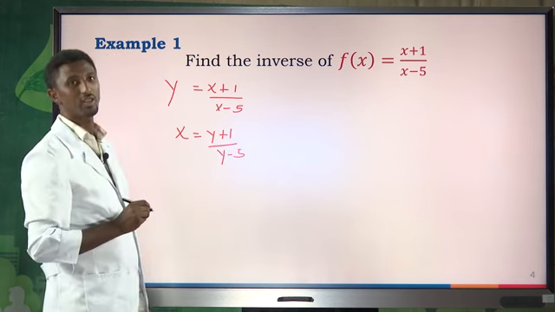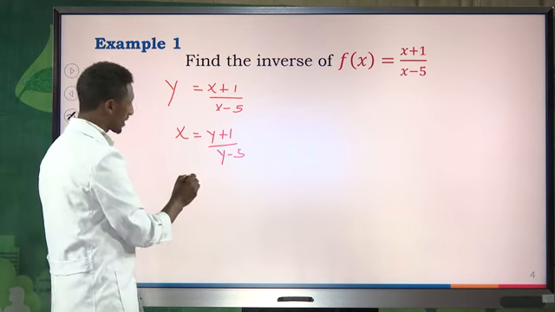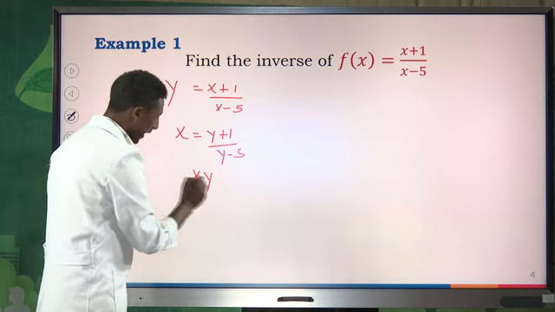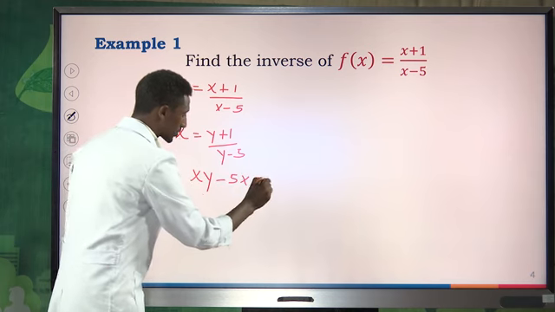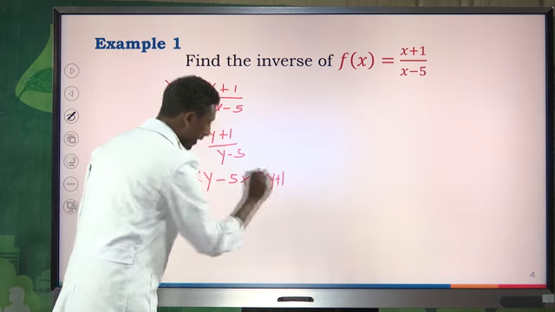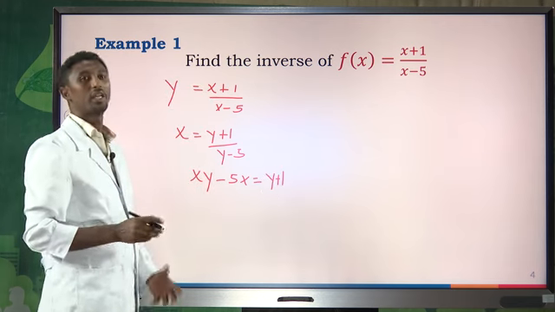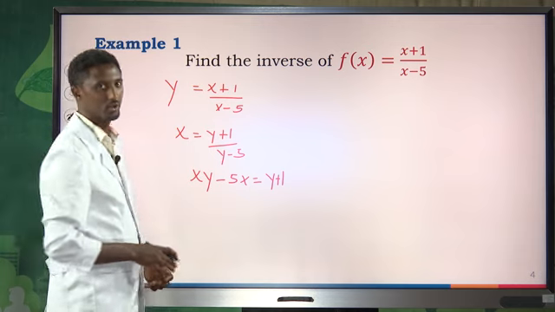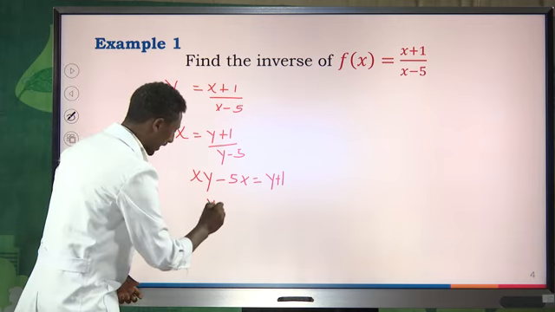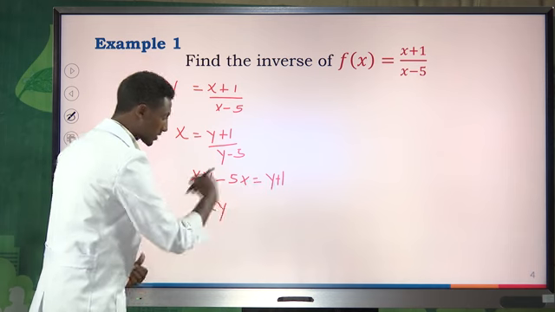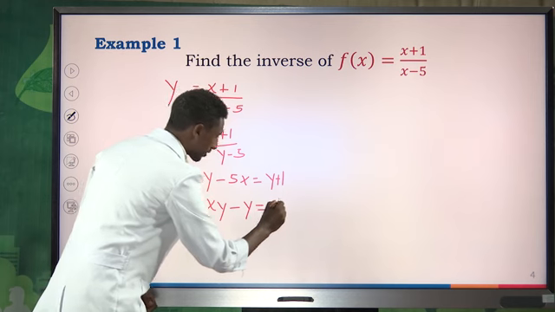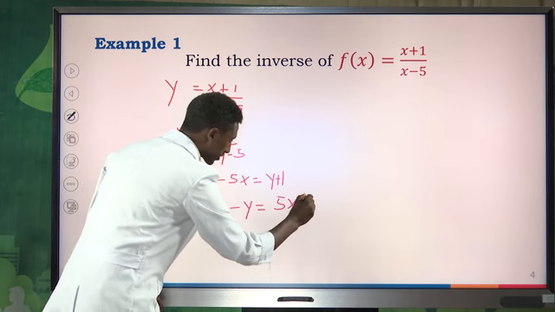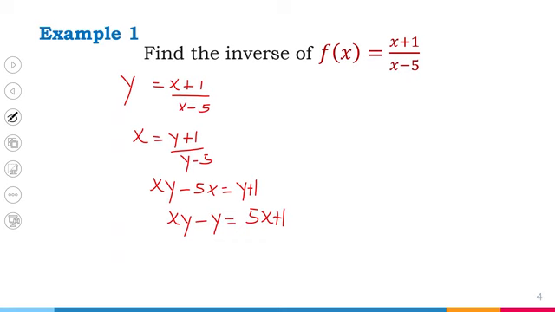To solve for y in terms of x, let's cross-multiply. So it will be x times y minus 5x equals y plus 1. Then let's combine terms containing y on the same side. Bring this y to the left-hand side: xy minus y equals 5x plus 1. Now from the left-hand side, we have y as a common factor.